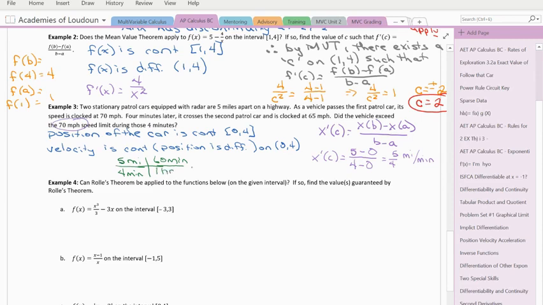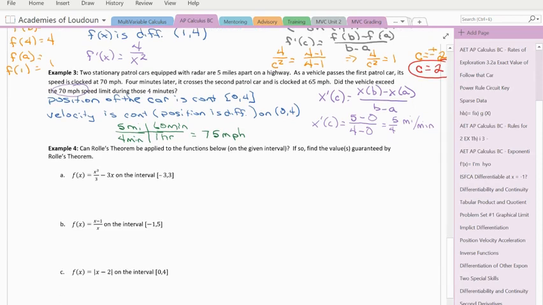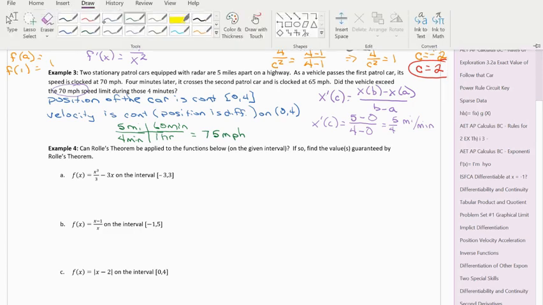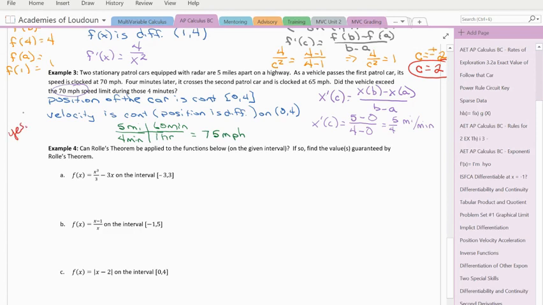And since we're looking for miles per hour, we can see very quickly that the average velocity of the car is 75 miles per hour, which means at some point between patrol car 1 and patrol car 2, the car had to go at least 75 miles per hour. So the answer to this is yes, by mean value theorem.